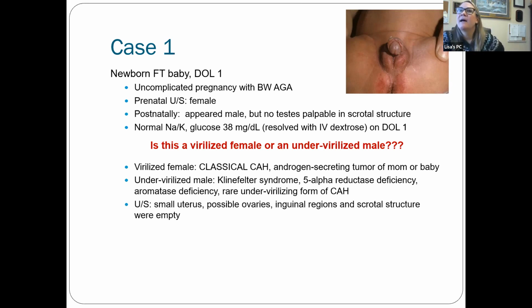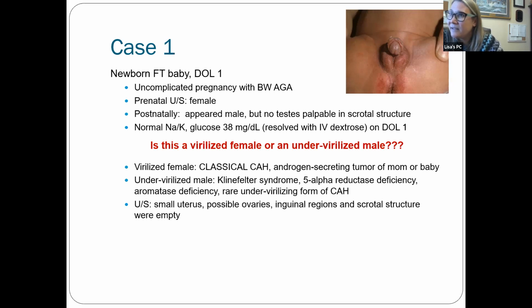So in this case, I was leaning more towards a virilized female because of the history on the prenatal ultrasound, but also because there were no testes palpable in the scrotum or the scrotal structure.